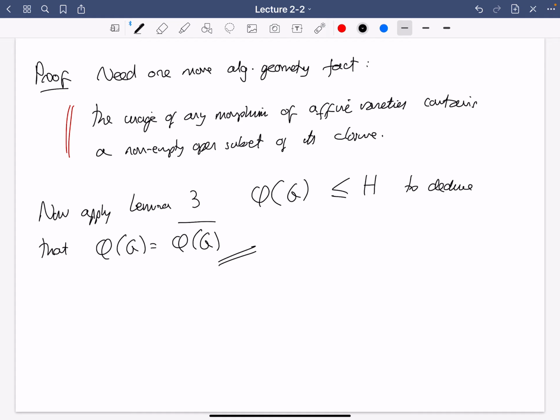Okay, so images of morphisms of algebraic groups, they are again algebraic groups because they're closed subgroups. Of course, the kernel of a homomorphism of algebraic groups, I mean, that's just the inverse image of the identity. And since phi is continuous, that's closed.